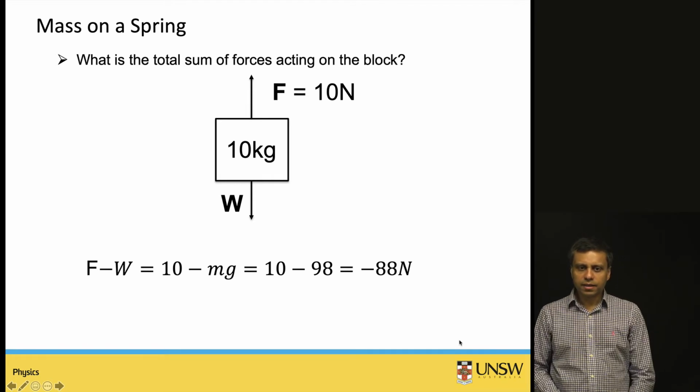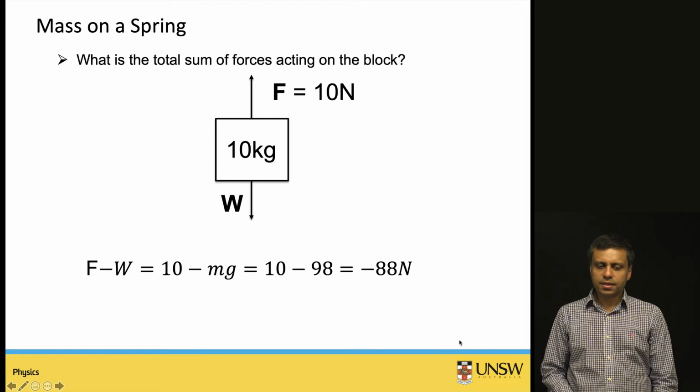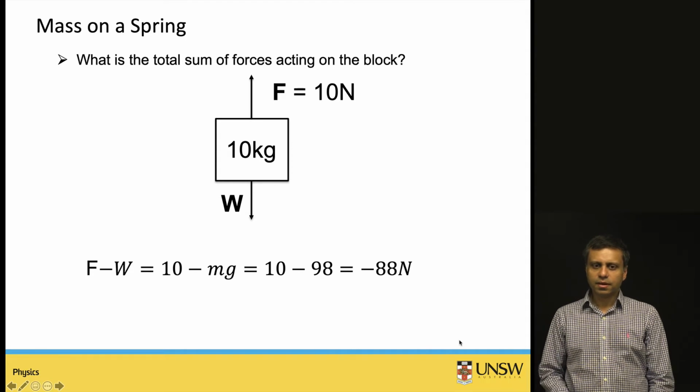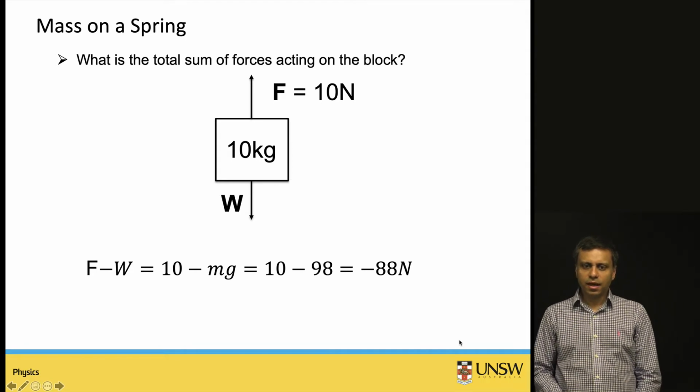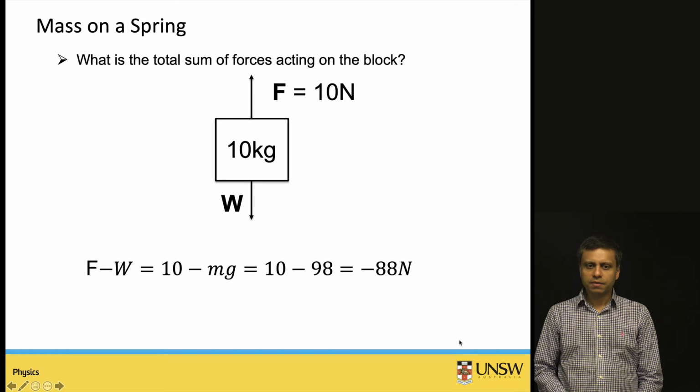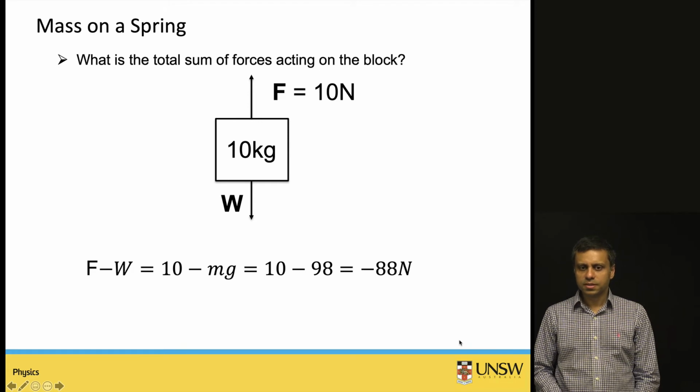And we find that this is just 10 Newton, the applied force, minus the weight, mg, which is 98 Newton, 10 times g, and it comes out to be minus 88 Newton. And the minus sign indicates that the net force is acting vertically downward, basically. So the applied force is not sufficient to cause an upward acceleration of the system.